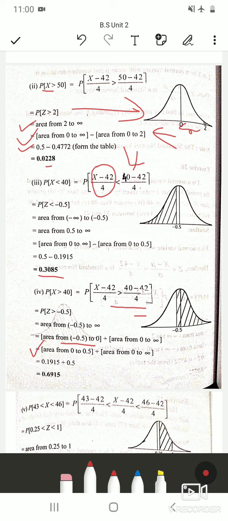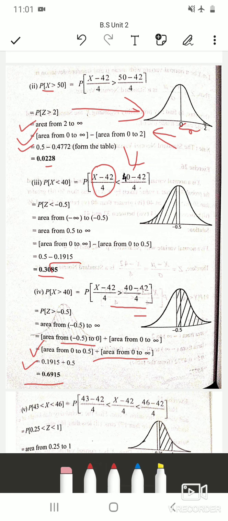Then the area from 0 to infinity. The area from 0 to 0.5 we had seen is 0.1915, plus 0.5 because it is the area from 0 to infinity. Therefore it is 0.6915. So this is the probability of x taking values greater than 40.